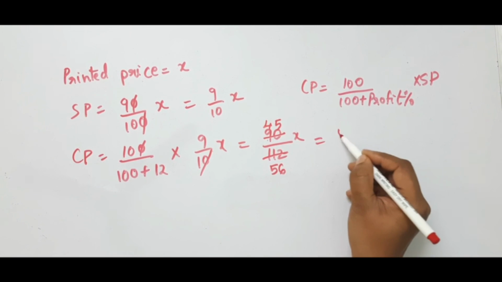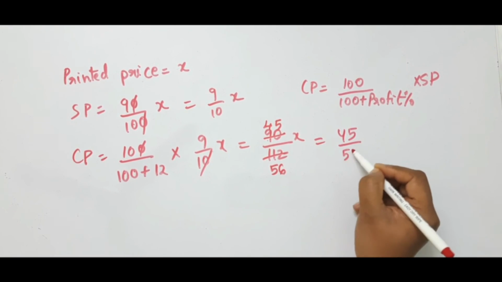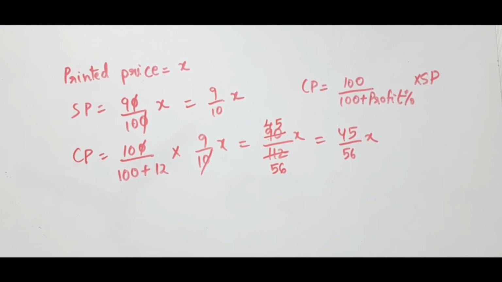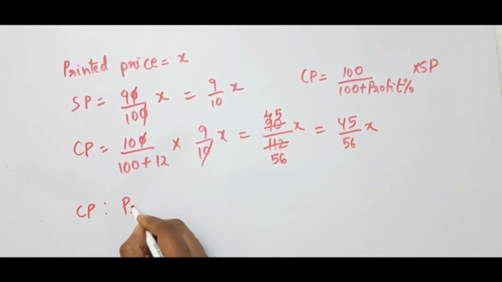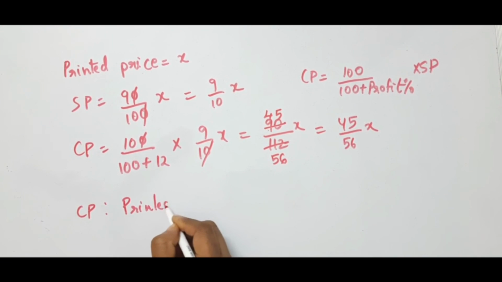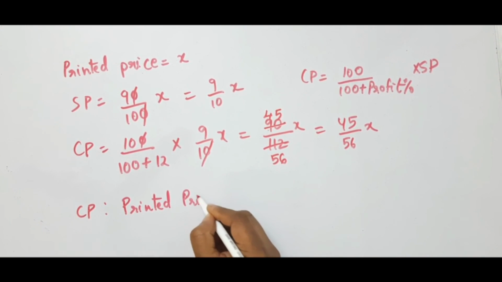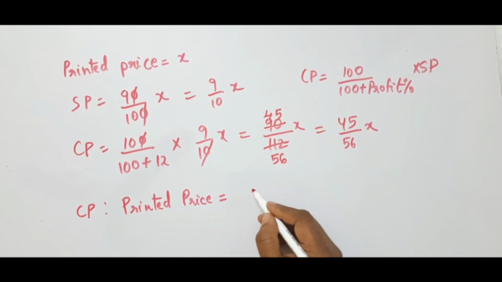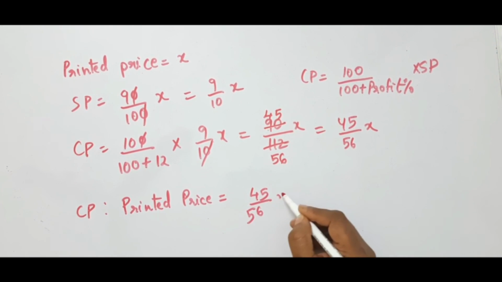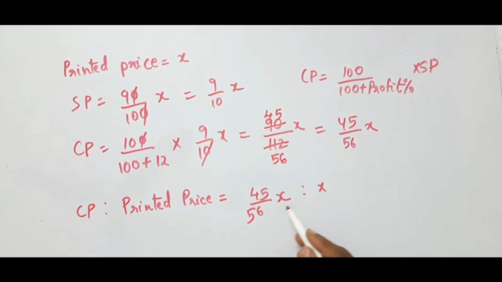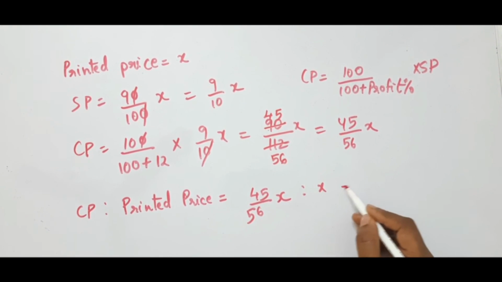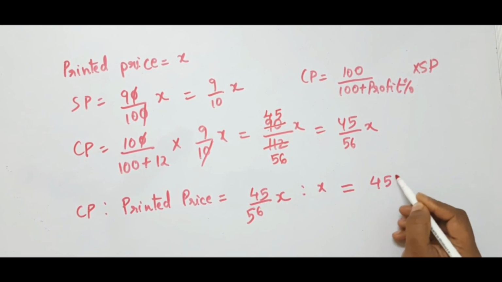So we got 45 by 56 into X. Now the ratio of cost price to printed price is 45 by 56 into X is to X. Here X is there, here X is there, both cancel, and we get 45 is to 56.